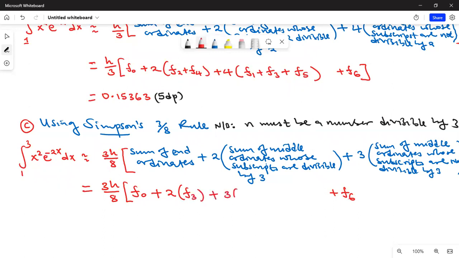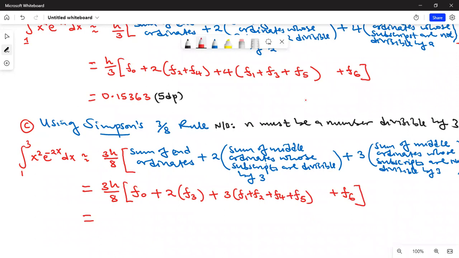Now 3 times, the remaining are f1, f2, f4, f5. That's the formula. If you press this in your calculator, h is 1 over 3. So we'll have 3 over 8 times 1 over 3, which is 1 over 8.